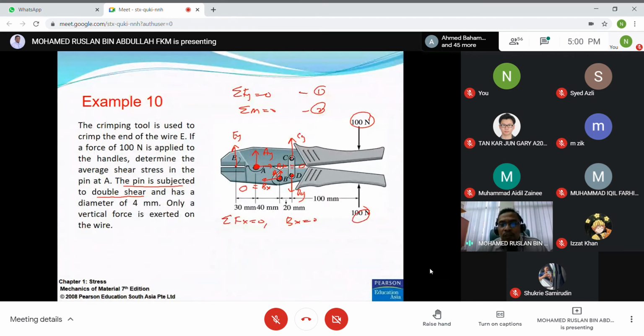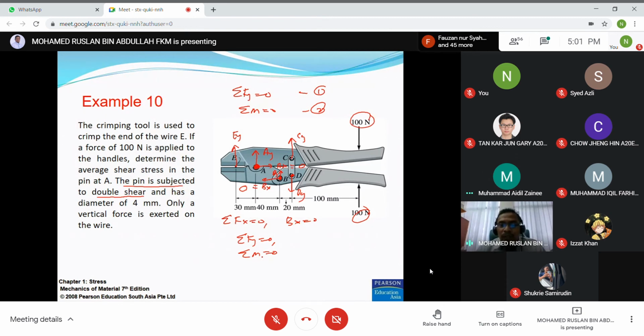We have only 2 unknowns, and you can apply total Fy equal to 0 and total moment equal to 0. For the moment, you can choose B or D, it doesn't matter.